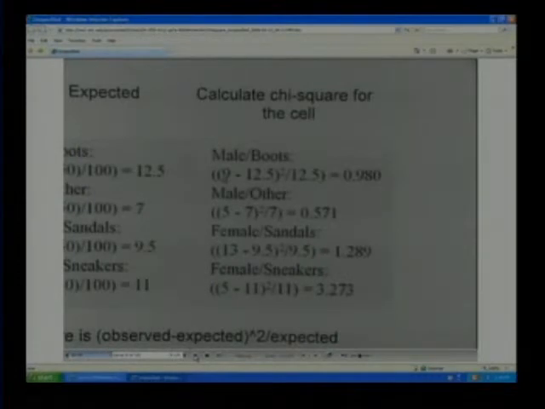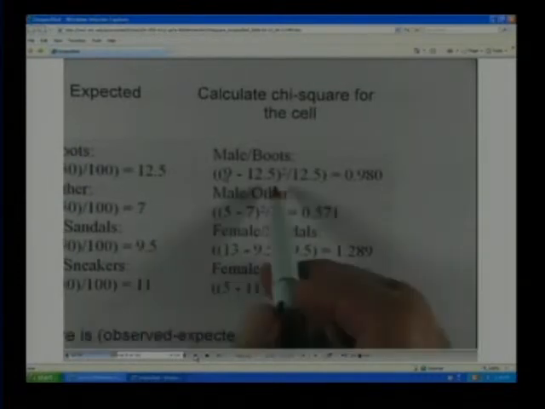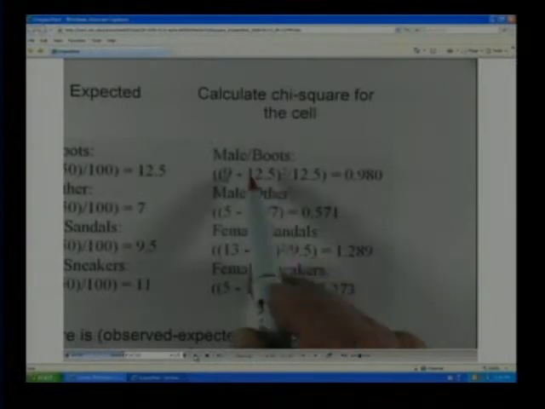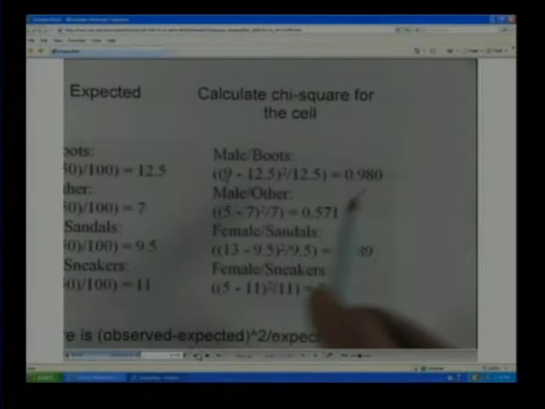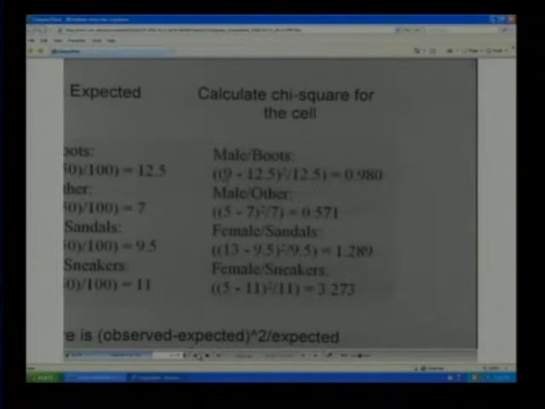So the observed was 9, and the expected value we calculated is 12.5. We square that difference, divide by 12.5, and we get a chi-square value for that cell of 0.980. It's a 2 by 4 table, so we do that for each of the 8 cells, and then we add all those up, and that gives us our chi-square value that we look up in our table.